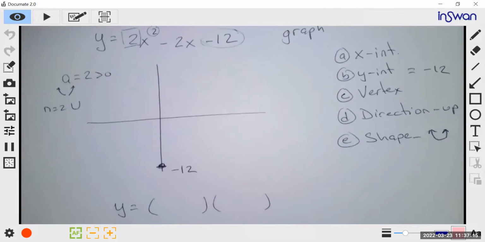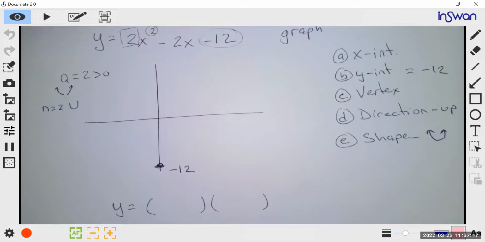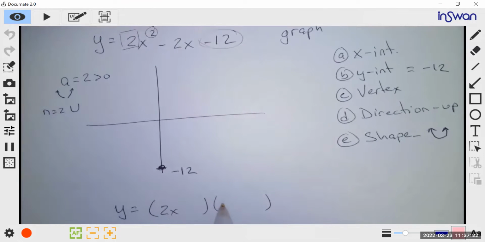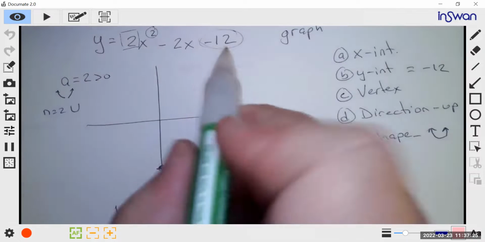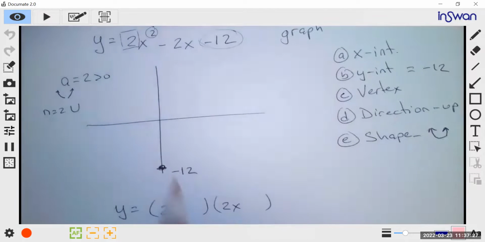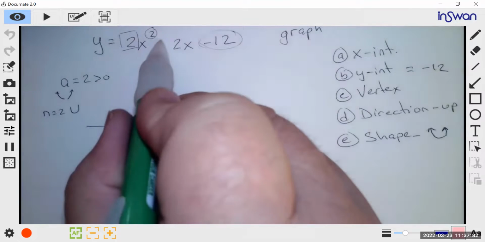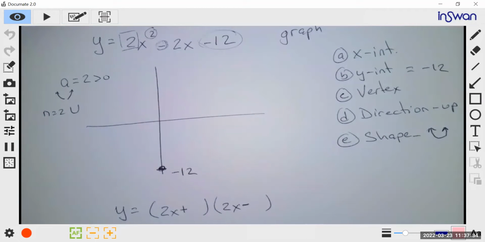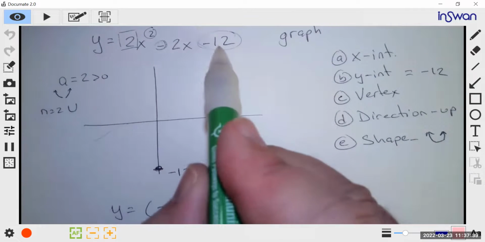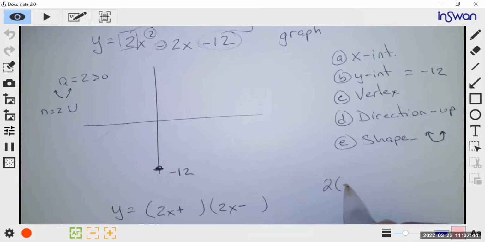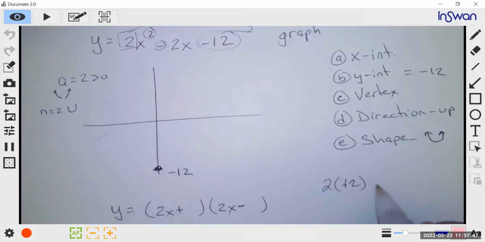So now we've got to try to factor it out. Since it doesn't start with a 1, we'll just put 2x and 2x. The second sign's a minus, so that means one of them has to be positive, one of them has to be negative. The bigger number gets the negative. We multiply the first number times the last number: 2 times 12 is 24.